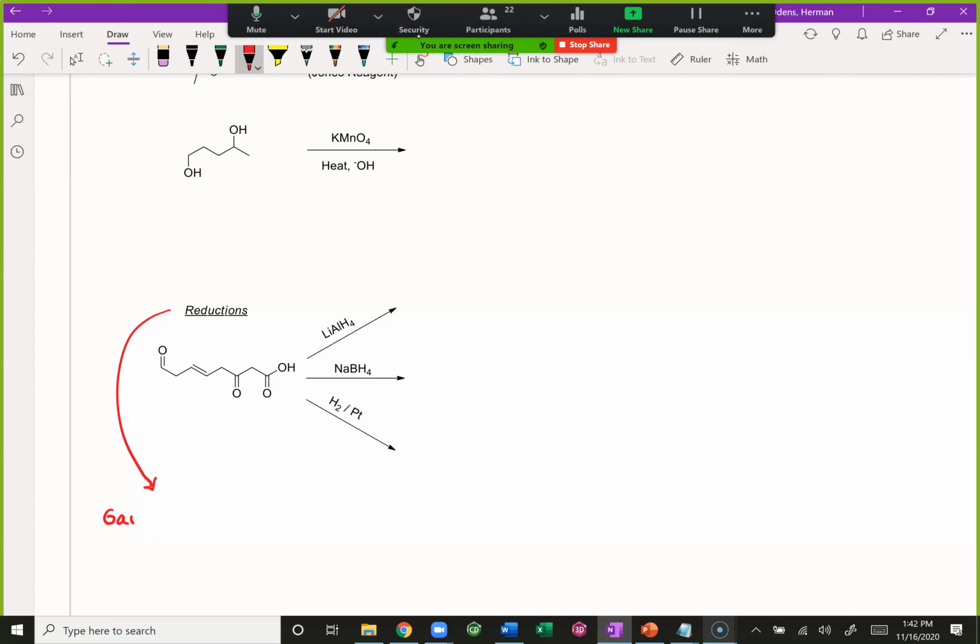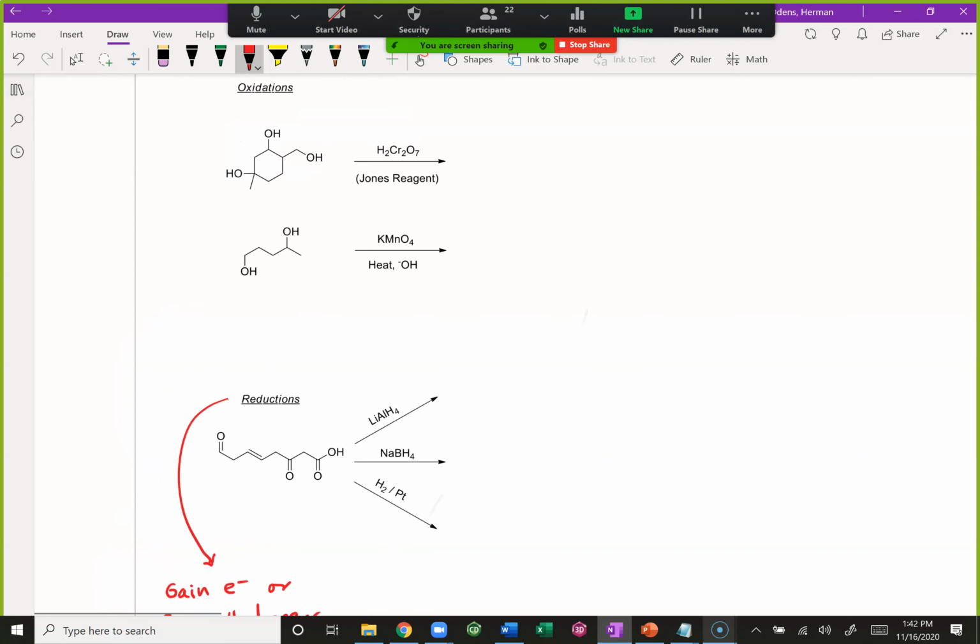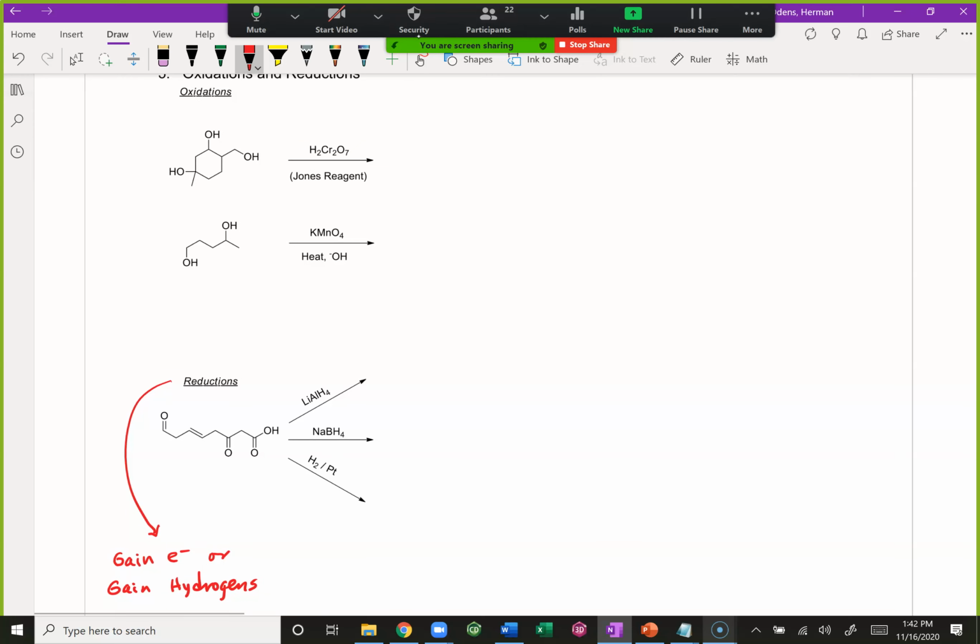You gain electrons or you gain hydrogens for reductions. You lose electrons or you gain oxygens for oxidations.